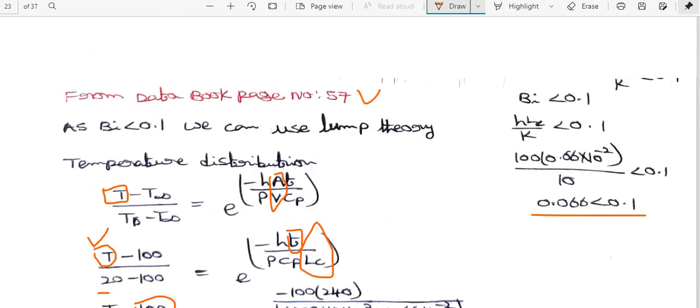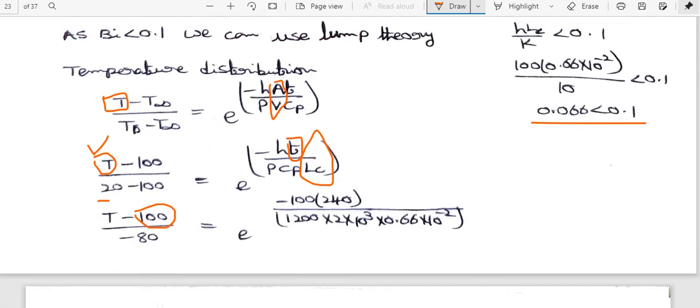So here in this first question the time is known and the capital T temperature value is unknown. That's why I am calculating this T value.